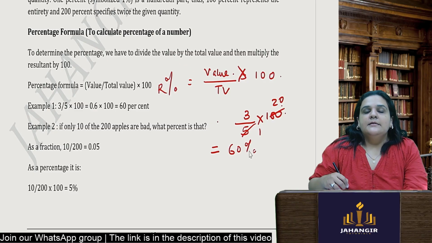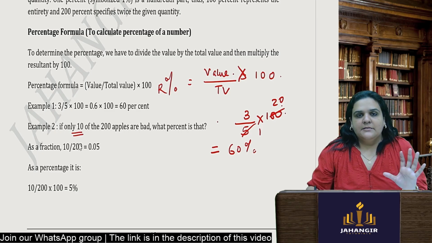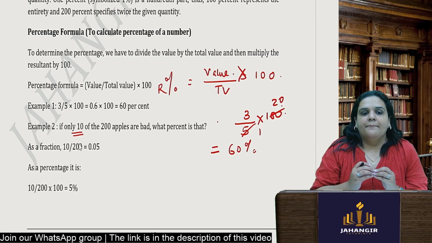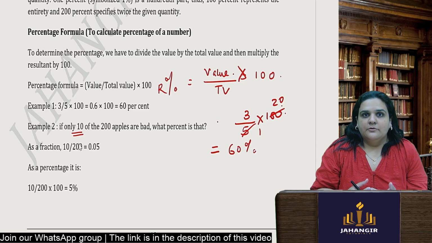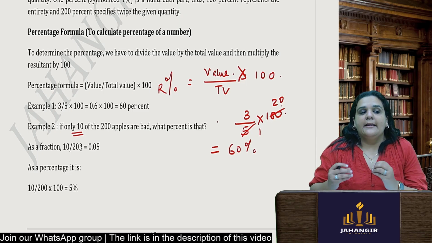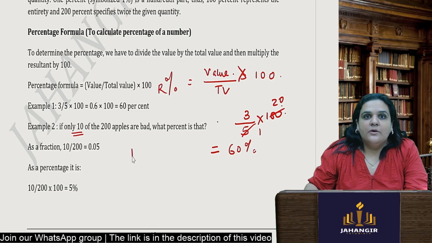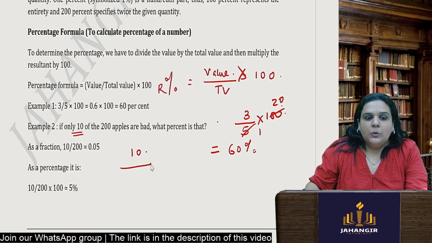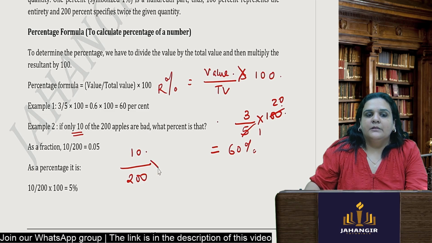Similarly, if I want to know that there were 10 apples out of 200 apples which were bad, what is the percentage of those bad apples? The value is 10 bad apples, the total value is 200, multiply by 100. Simple.